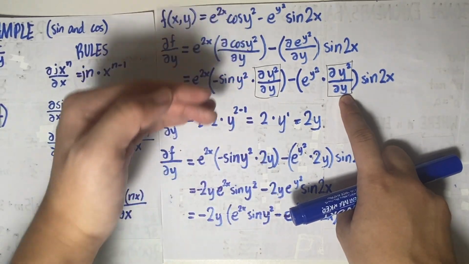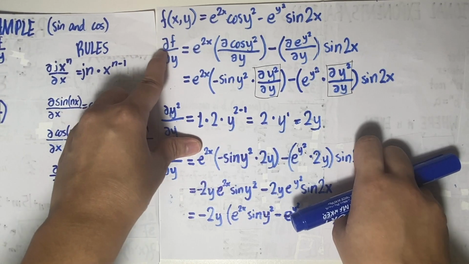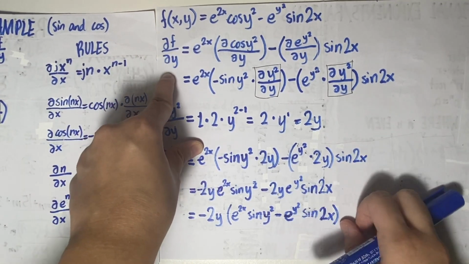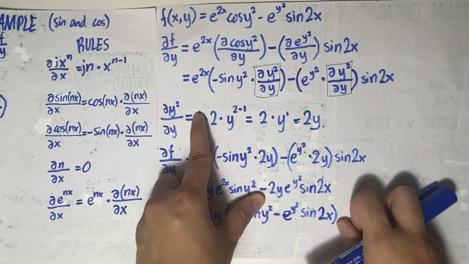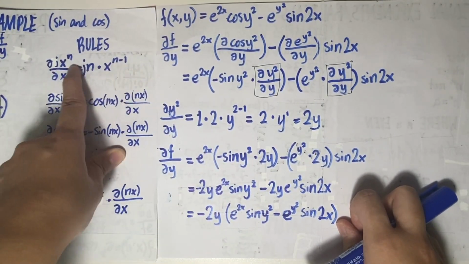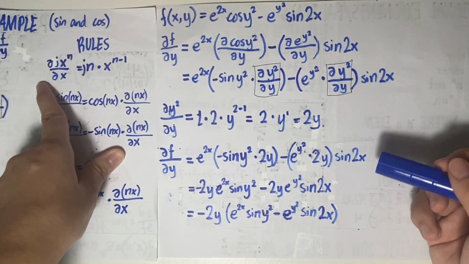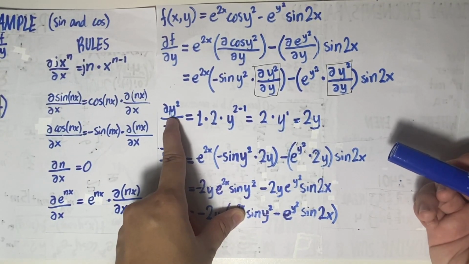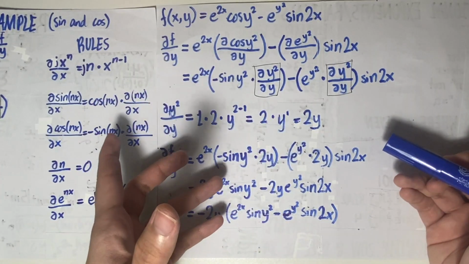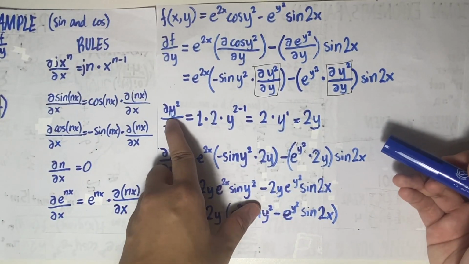So splitting out of deriving f in terms of y, you can find the derivative of y squared. And again, this follows the same rule for the derivative of x written over here. Here, y is multiplied by an invisible 1, as all numbers are.